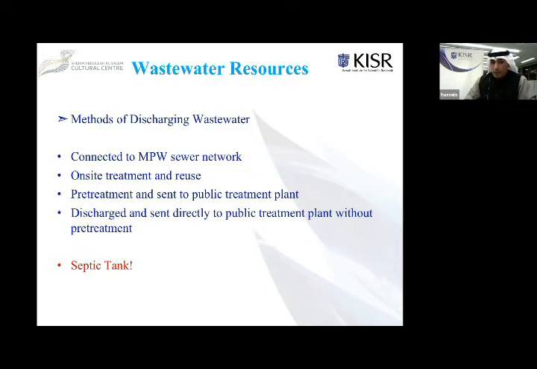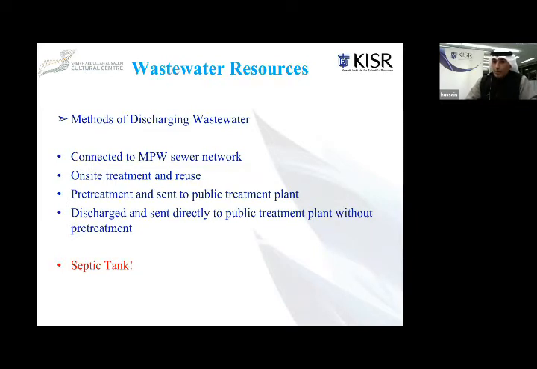The types of discharging in Kuwait vary, including connection directly to the MPW, Ministry of Public Works network, or on-site treatment and reuse for those isolated or not connected to the MPW network. Especially the last 2 points are related to industrial activities, which need to pre-treat and send to the public treatment plant located in Al-Wafra station.